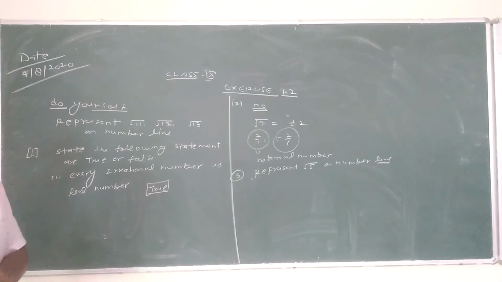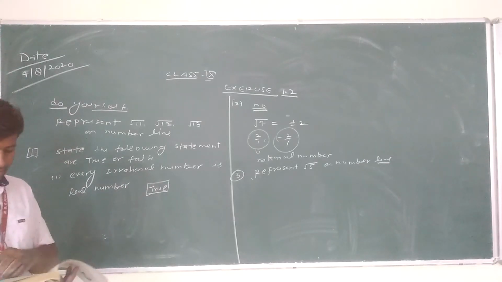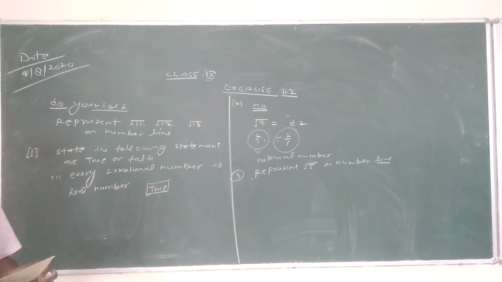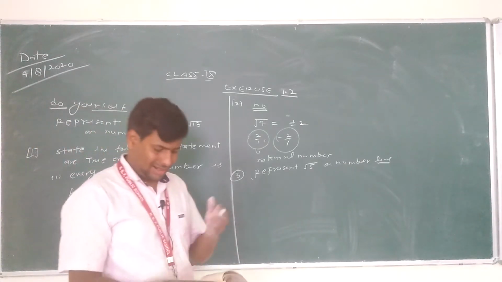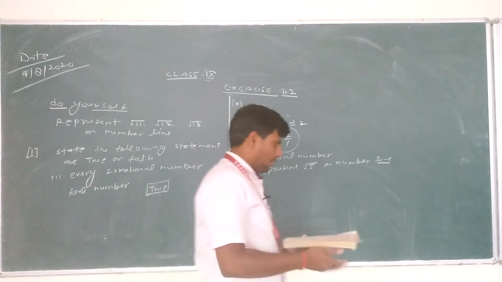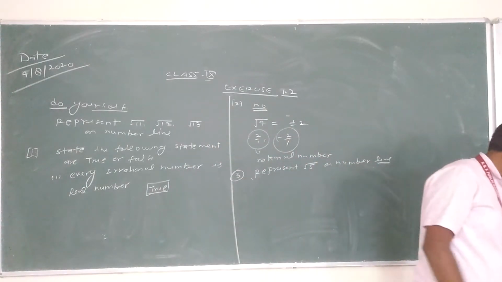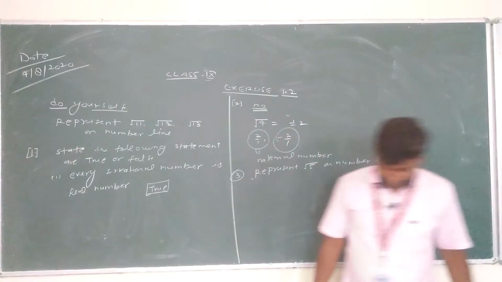Okay, so we discuss the next topic, that is how we can represent a rational number in the form of this. For exercise 1.3, see here.